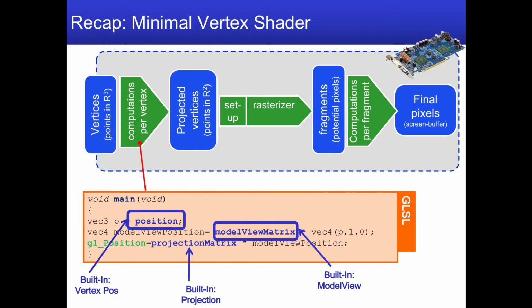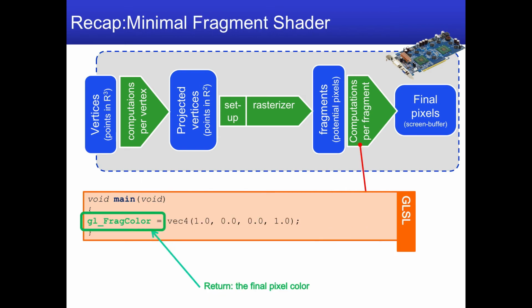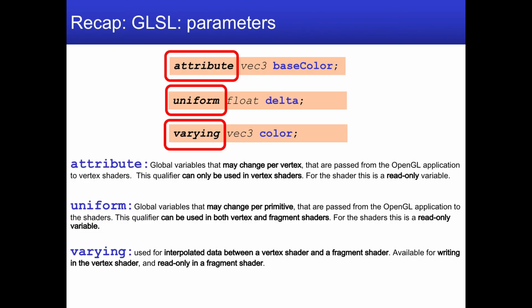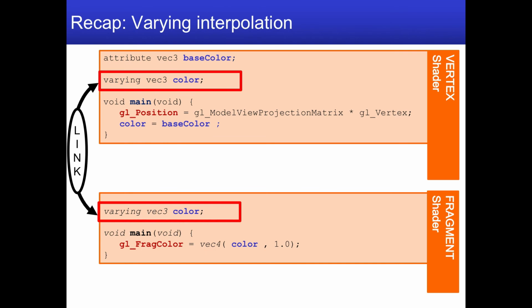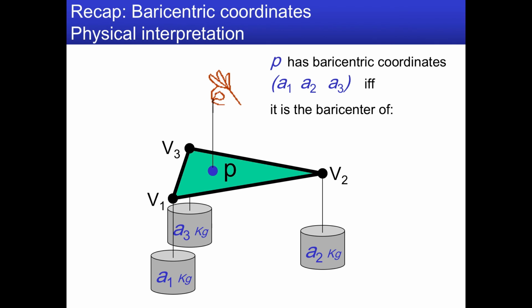And then you return the position, and in the end, in the fragment shader, you have to return the final pixel color. We have three kinds of attributes, and we'll see now how we'll use that. And attributes are interpolated between the vertex and fragment shaders using barycentric coordinates, which is exactly this concept that you can express each point on a triangle as a linear interpolation of its vertices.